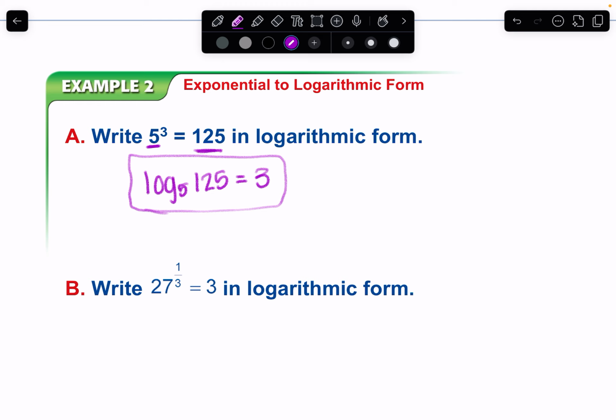Then for B, it says to write 27 to the 1/3 power equals 3 in logarithmic form. So adding in my log, my 27 is going to become my subscript. I would move my 3 over, and it is equal to 1/3. So example 1 and 2 are kind of opposite of each other.